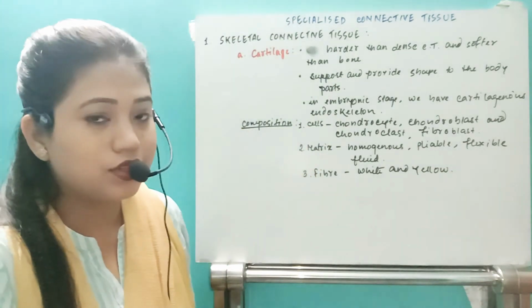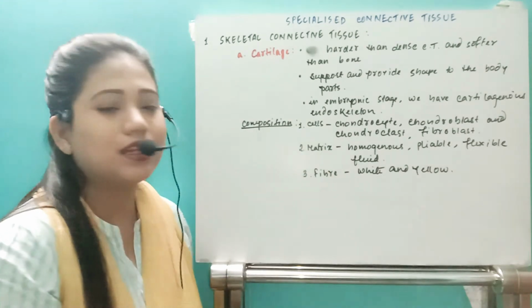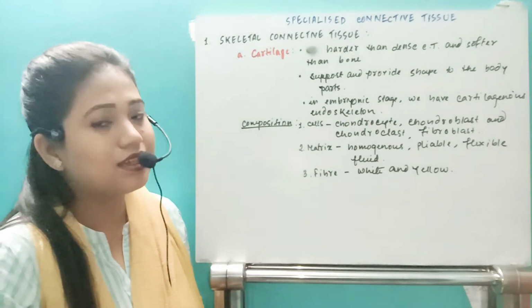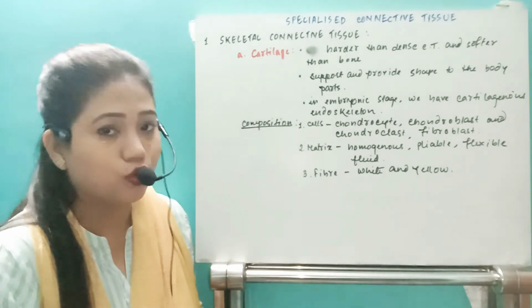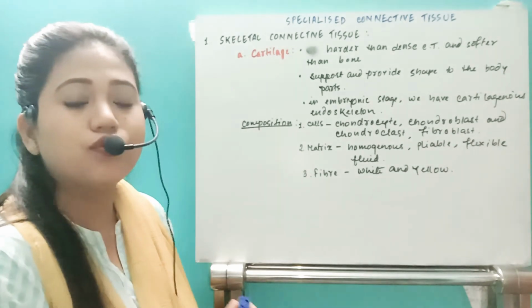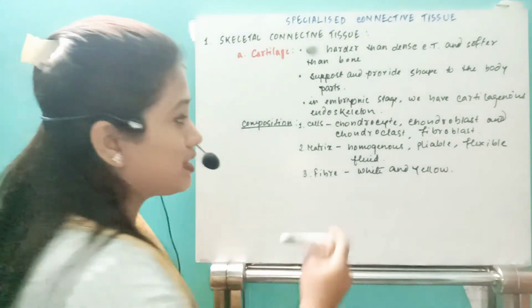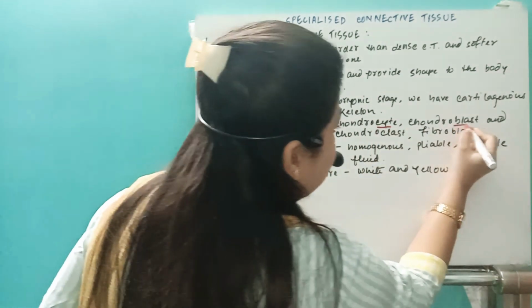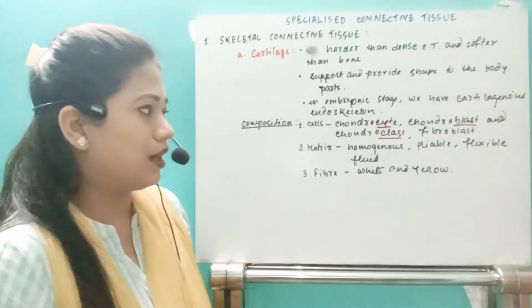In this composition part you can see three types of cells: chondrocyte, chondroblast and chondroclast cell. We need to know what the suffixes cyte, blast and clast mean.